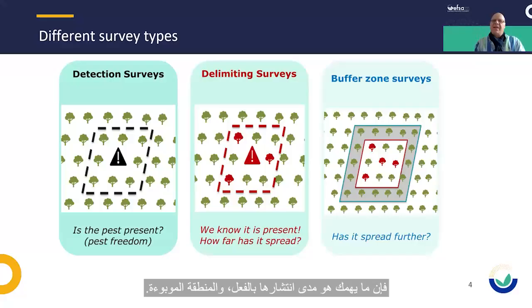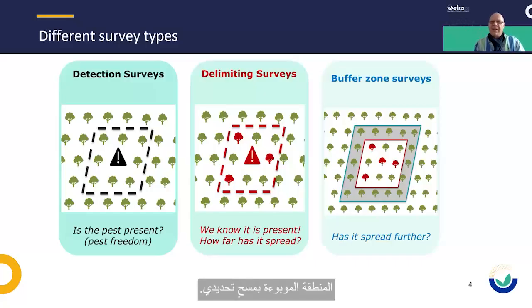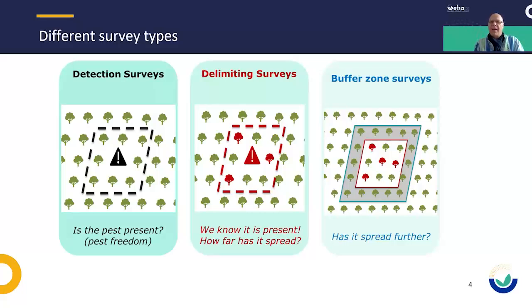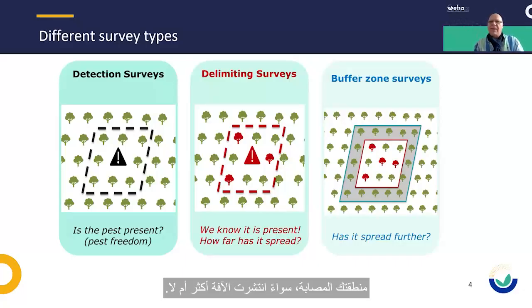Then your interest is how far it has already spread, which area is infested. So you try to delimit the infested area with a delimiting survey. And if you have delimited the area of pest infestation, you can start mitigation measures and try to prevent further spread. And to test whether your mitigation measures are actually effective, you do a buffer zone survey, surveying the area around your infested area, to see whether the pest spreads further or not. So that's basically what options you have.